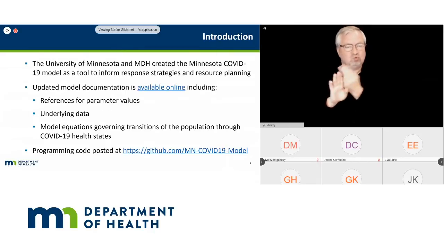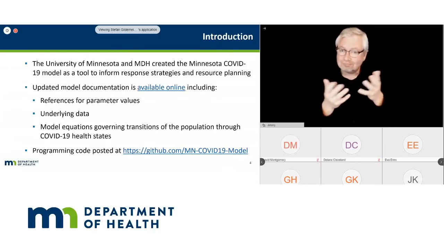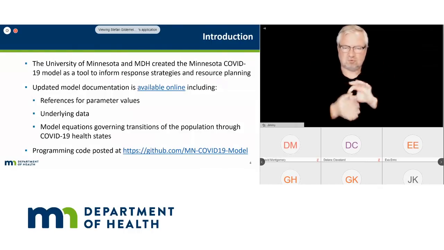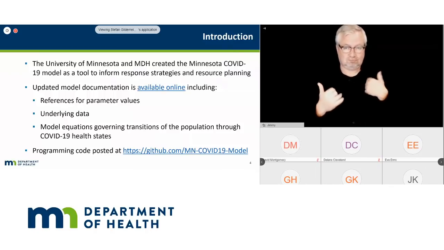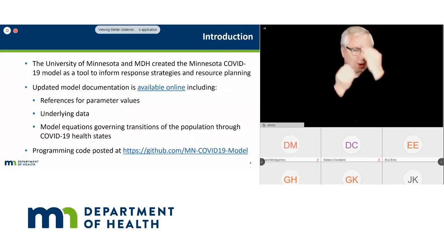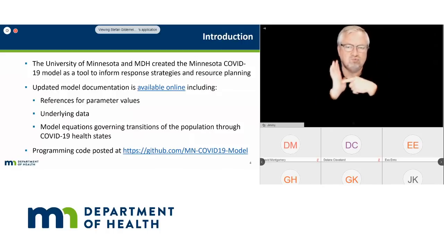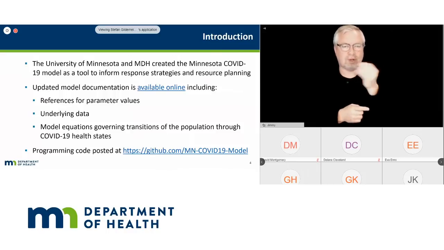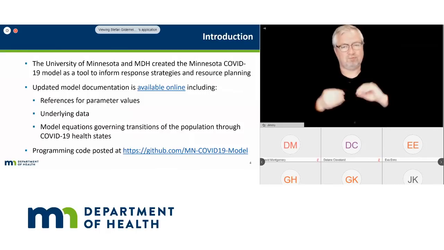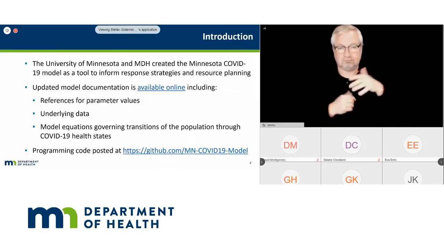So in addition to this slide deck that we're making available for the briefing and that will also live online, we have posted, or at least will post very soon, model documentation for this updated version 3 model, and that includes the technical discussion, underlying data, references to parameter values and the literature from which they come, and then for the not so faint of heart, the equations that govern the transitions of population through COVID-19 states.